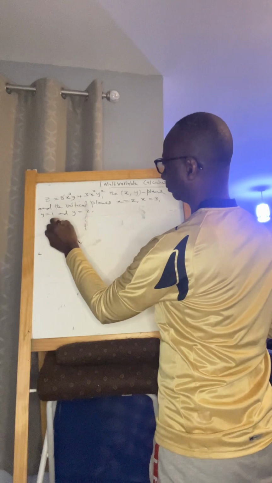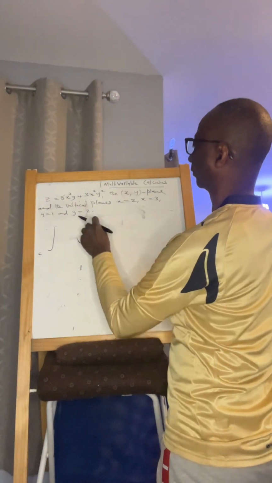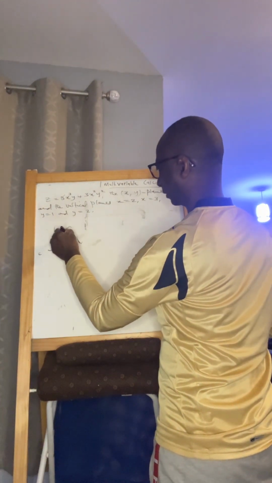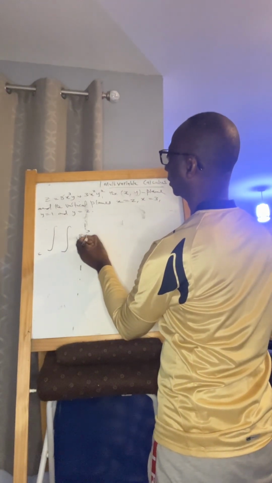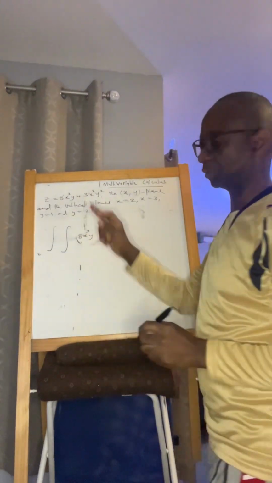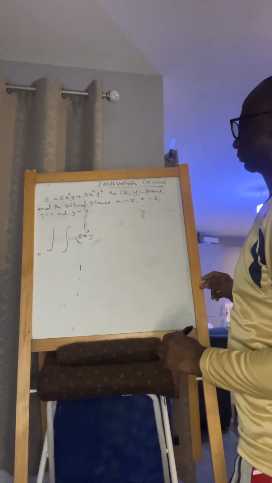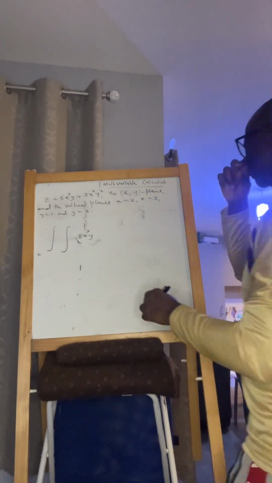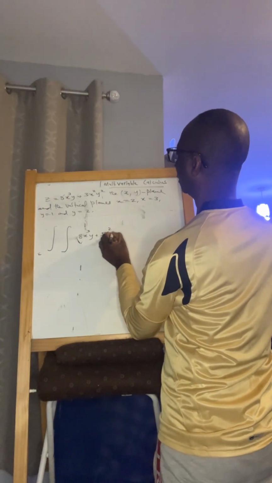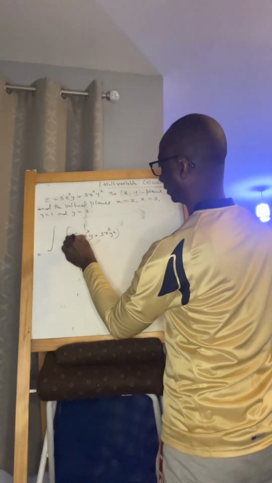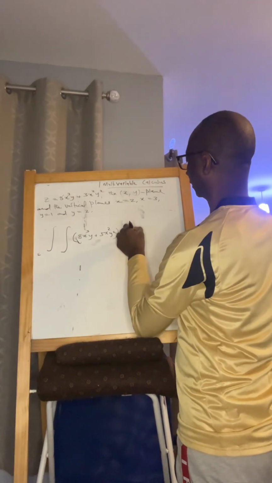You have this integrating, integrating again, and then you have 8x cubed y plus 3x squared y squared dx dy.